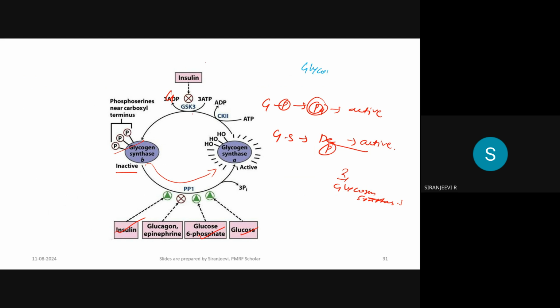And how does the active form go to the inactive form? There is an enzyme called GSK, glycogen synthase kinase 3, that will change glycogen synthase A to glycogen synthase B. This action will be inhibited by insulin, because whenever insulin is there in the body, it will reduce the blood glucose.